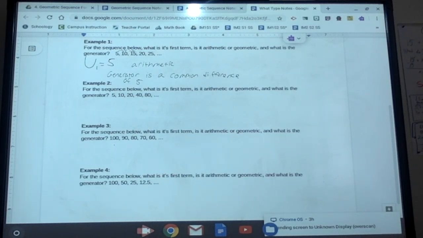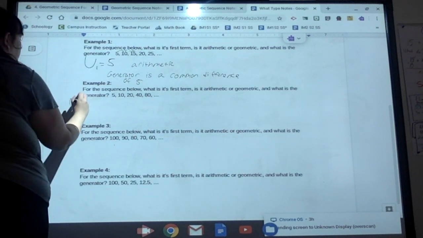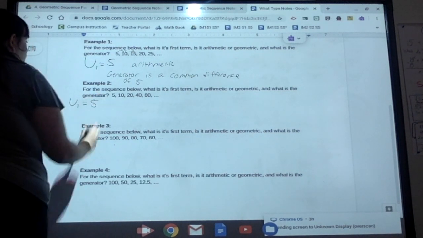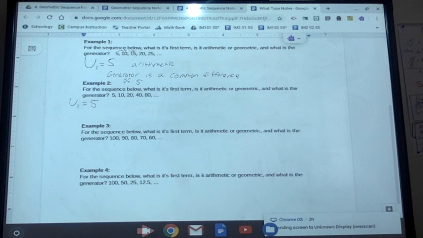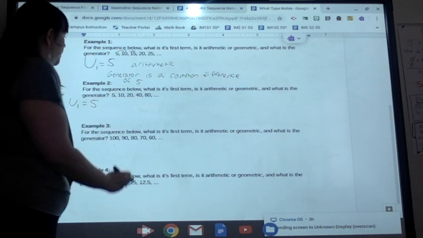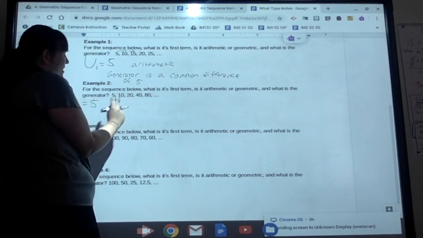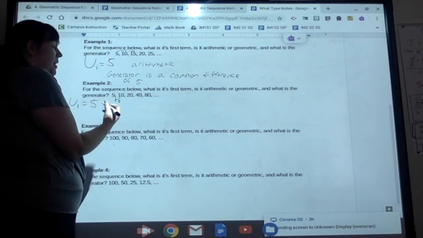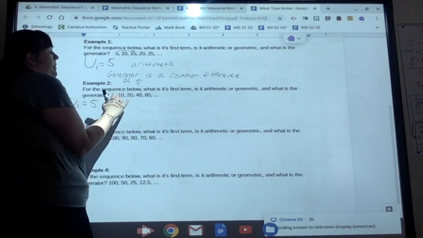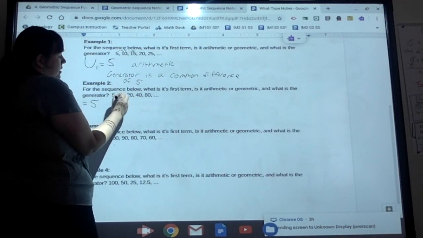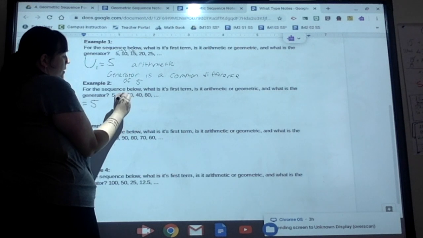Sequence 2: again, what's the first term? First term's 5 as well. However, is it arithmetic or geometric? Let's see, it goes from 5 to 10. In that case, I'm adding 5. 10 to 20, that's not still adding 5. So it's not arithmetic because I'm not adding the same thing. How do I multiply? From 5 to 10, that's times 2. What about from 10 to 20?